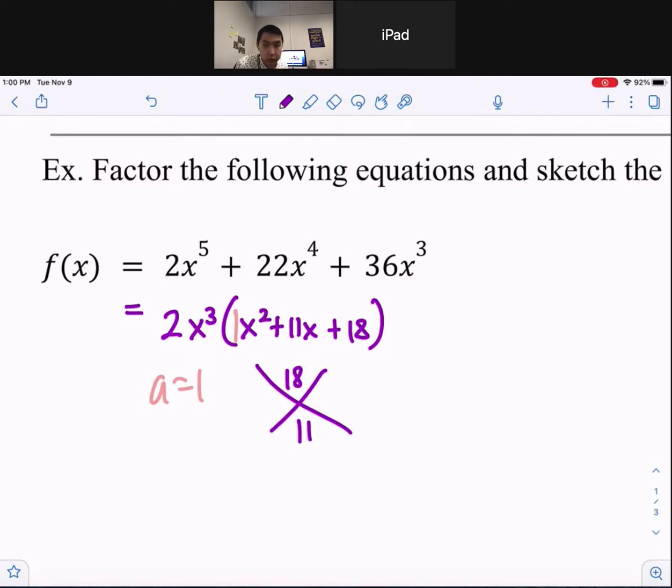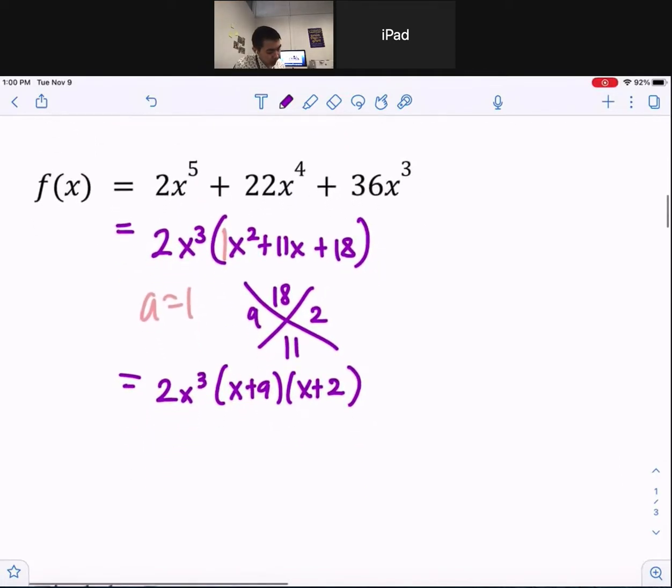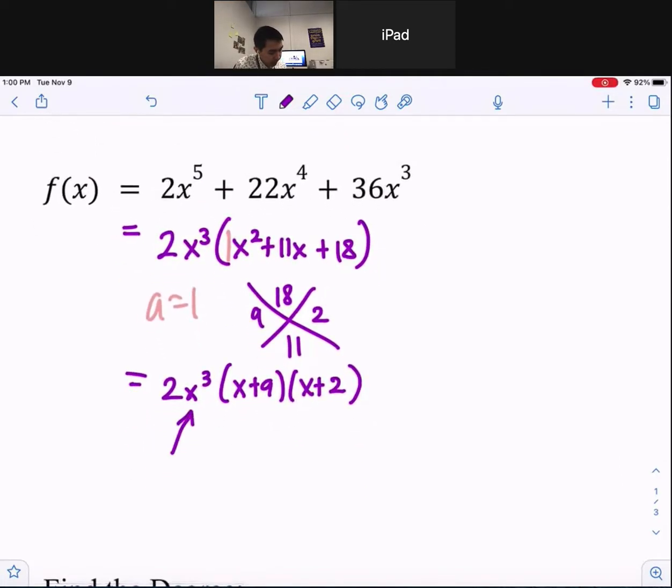You can use your x method and you find 9 and 2. 2x to the third times x plus 9 times x plus 2. So this has a zero at x equals 0, this has a zero at x equals negative 9, and this has a zero at x equals negative 2.